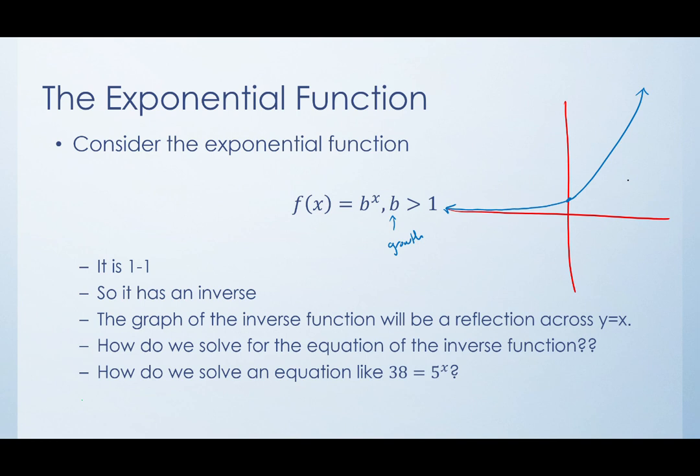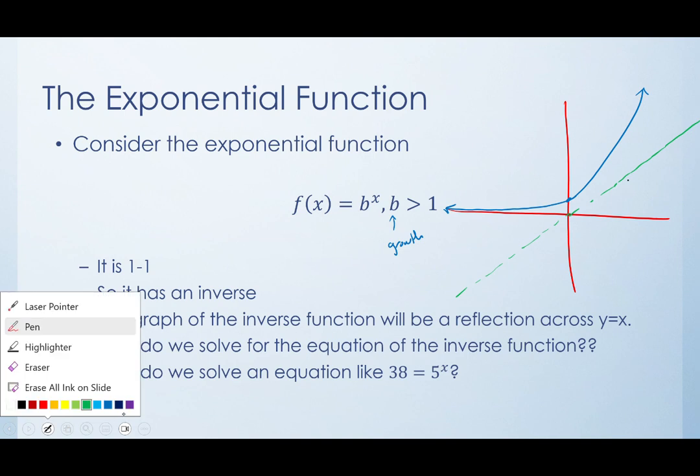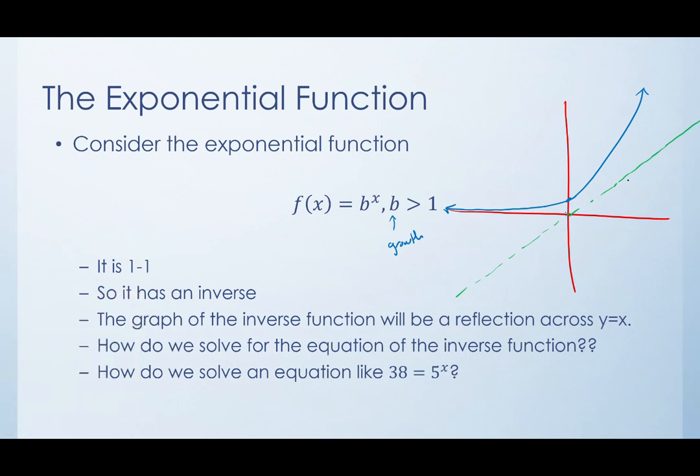And we also remember, hopefully, from when we talked about inverse functions, that the graph of the inverse function of the exponential will be a reflection across the 45-degree line. So there's my 45-degree line, and so we can sketch in this reflection. We know if the exponential has the point (0, 1), its inverse would have the point (1, 0).